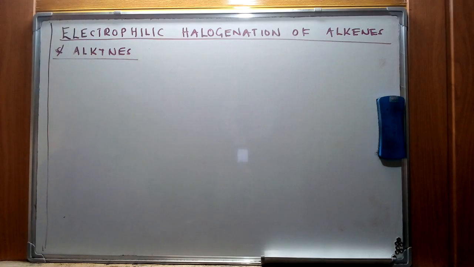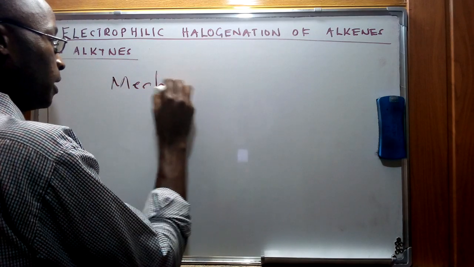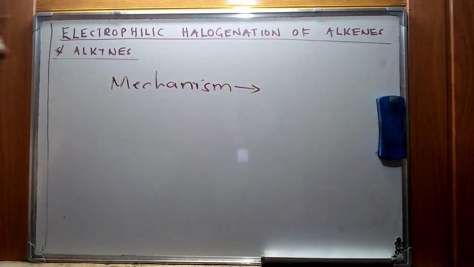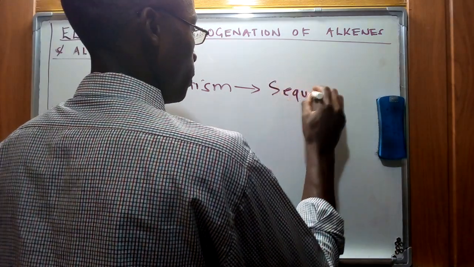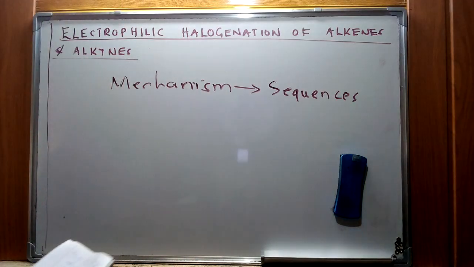This implies the step-by-step sequences, the elementary steps that are involved, which result in the overall chemical changes taking place in organic reactions. So I'm also going to involve the concept of reaction mechanisms wherever we talk about this particular kind of reactions.